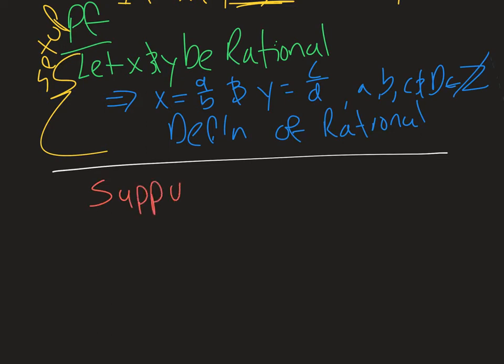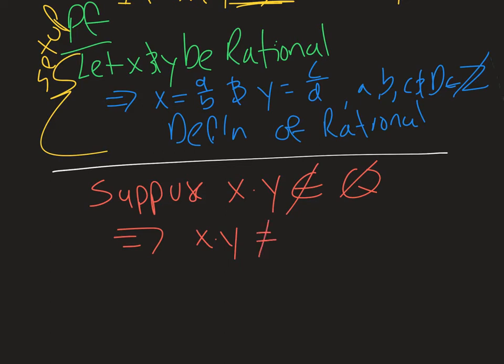So suppose x times y is not rational. That would mean that x times y cannot equal, and I'll use another couple letters here, let's say e over f, where e and f are integers. That's what it would mean. If it's irrational, I cannot write it as a fraction involving two integers. There's my supposition.